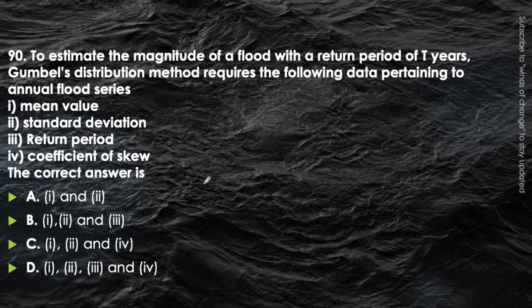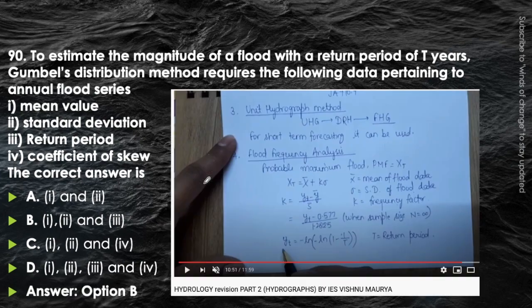Can you recall the Gumbel method? In the Gumbel method, we will require first three terms. So option B will be the correct answer, that is first, second and third. In this method, first of all, we will require the mean value. Okay, this is the mean value which will be required here, and standard deviation which is placed here.